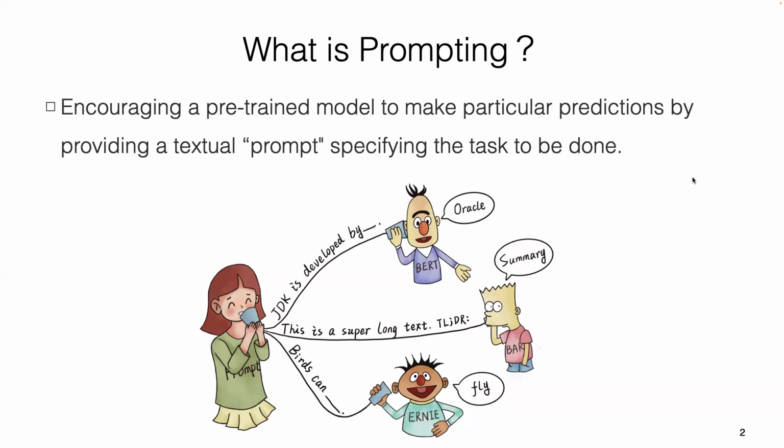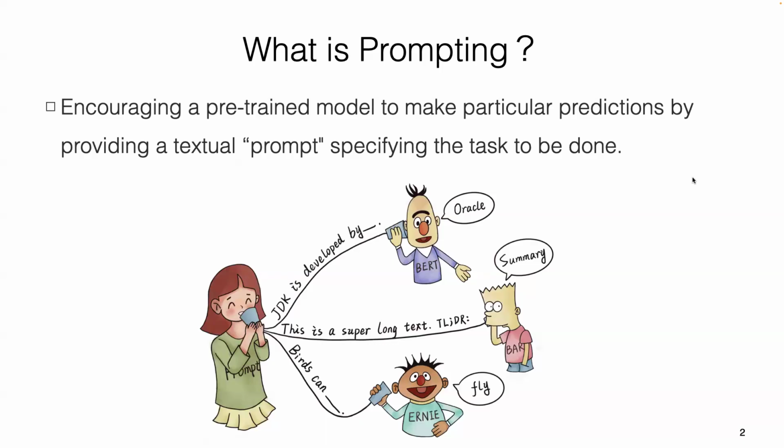In this diagram, on the top it says "JDK is developed by", you send it to the model and it says "Oracle". Or it says, this is a super long text, TLDR, you send it to the model, and it gives you a summary. These are some examples of prompts.